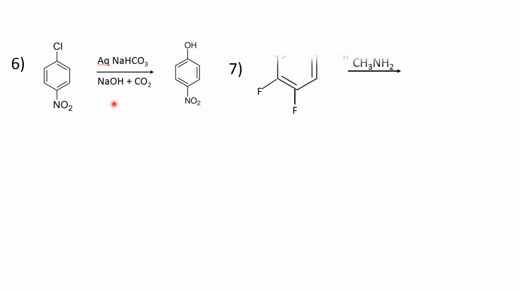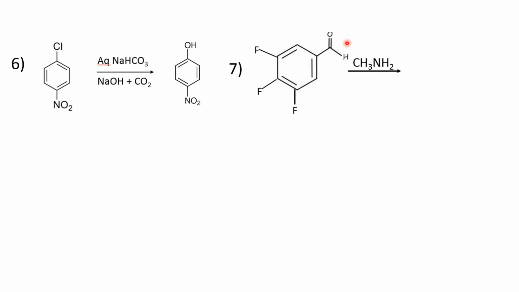Seventh example. Here, this is the electron withdrawing group, that is the aldehyde group. Now, this leaving group is present with respect to this aldehyde group in the meta position, para position, again meta position. So when it is in the meta position, we have observed that the carbanion is not stabilized by the resonance participation.